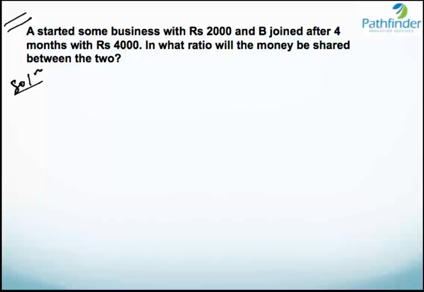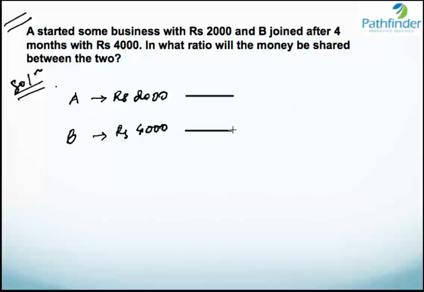So let's see how we can solve this question. So we have two people here, A, who has invested rupees 2000, and we have B who has invested rupees 4000. A is there in the business from the start of the business and B is there after 4 months.